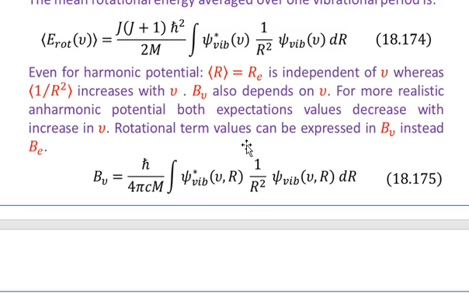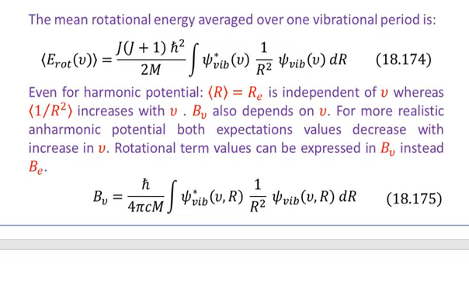The rotational term values can be expressed in BV instead of BE. You know that I have given a formula for BV in one of the previous lectures, and from that formula I am going to find the value of BV.